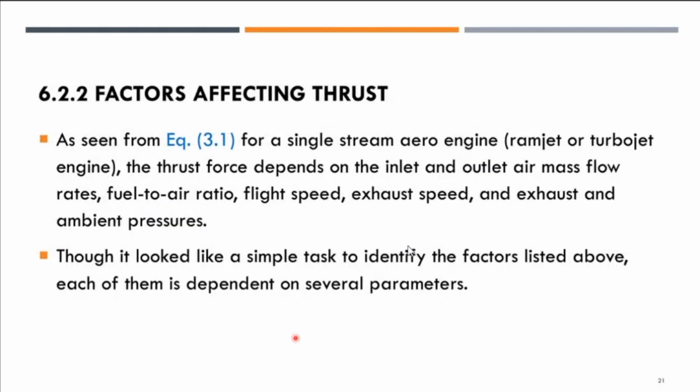As seen from equation 3.1, the generic turbojet engine equation for thrust for a single stream aero engine such as a ramjet or turbojet engine, the thrust force depends on the inlet and outlet air mass flow rate, m dot in, m dot out, or the exit, fuel to air ratio, f, flight speed, u, exhaust speed, ue, as well as the ambient pressure, PE and PA.